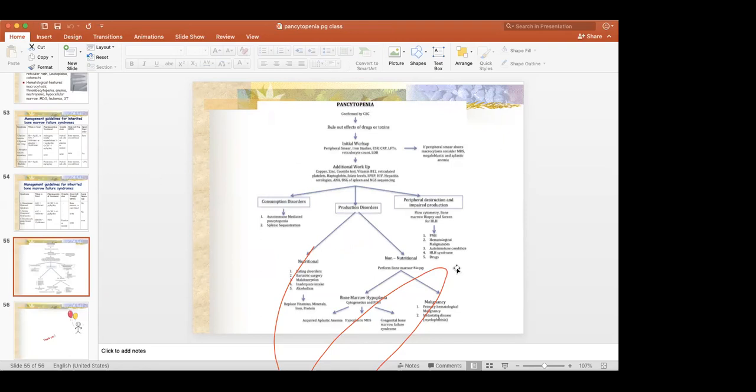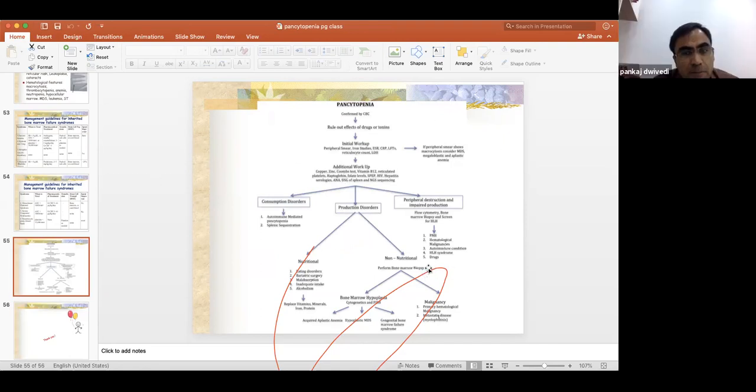The most important thing is your peripheral smear. In the peripheral smear you will confirm what you are dealing with. Malignancy, the smear will definitely rule out. PNH, hemoglobinuria, will rule out.